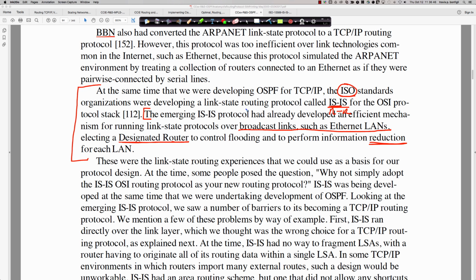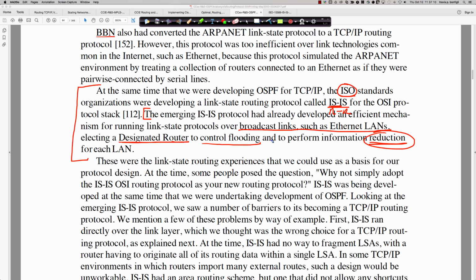So again, John Moy knew that the ISO in the development of IS-IS had already come up with a method in which to handle the excessive flooding, and to reduce the amount of information that was going to be multicasted out on a broadcast segment.